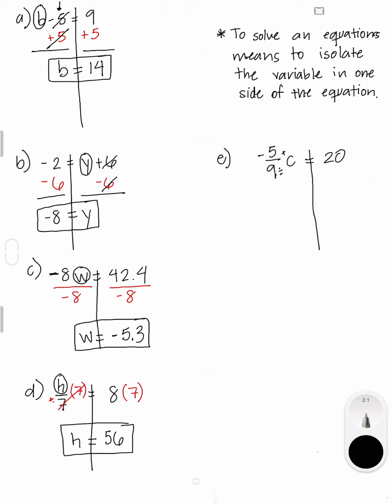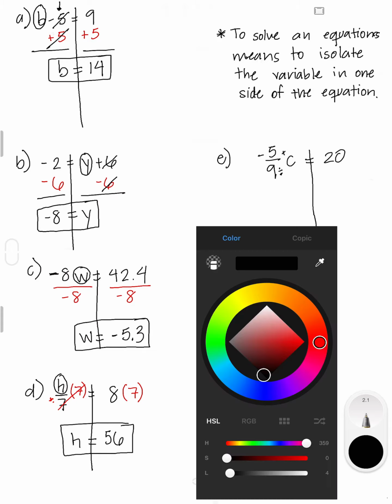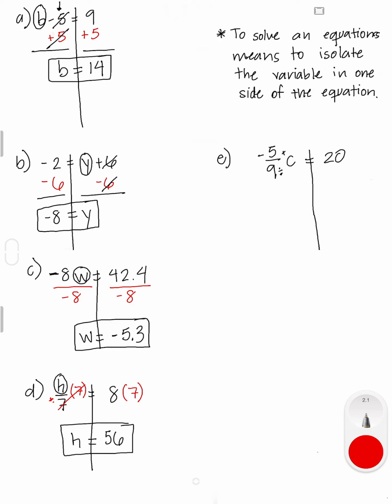So again, what we want to do is do the opposite of what they're doing to the variable. So in this case, because 5 is multiplying, we're going to divide by 5. So on both sides, we're going to be dividing by 5, so we put it in the denominator. And then 9 is dividing, so the opposite will be multiplication.